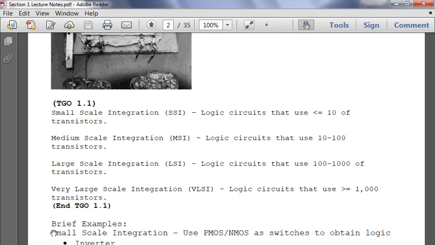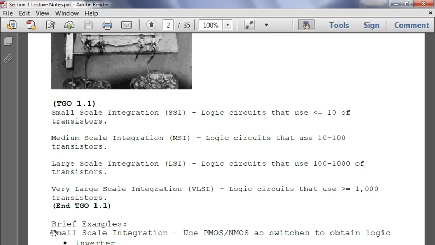So you're putting gates together to build logic: full adders, full subtractors, comparators, things of that nature, decision circuits. Once you get to large scale integration, that's where you start creating control units, arithmetic logic units, memory elements, registers.